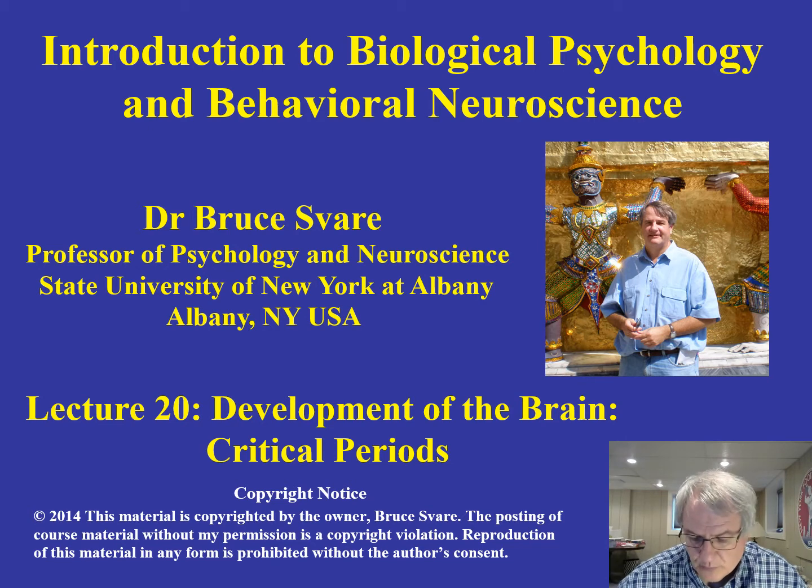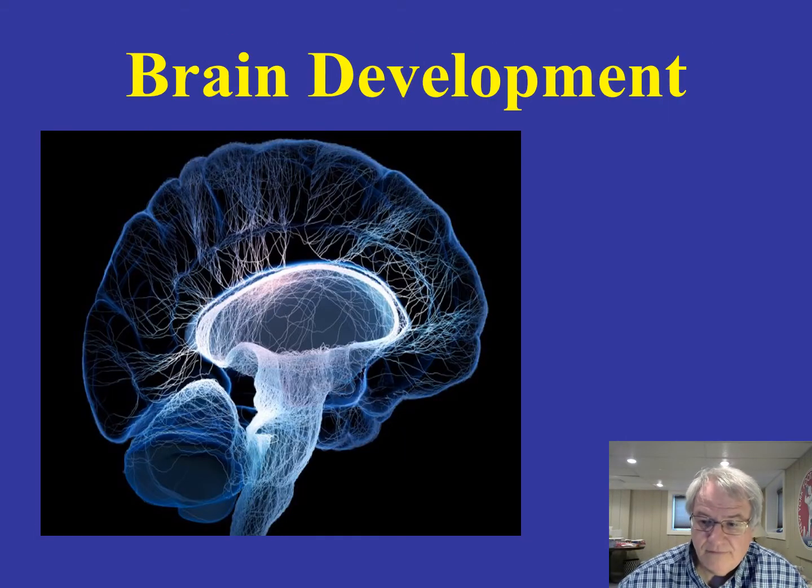So this is an important area of study in the field of behavioral neuroscience, and the reason why it has become so critically important is because it really helps us a great deal in terms of understanding different neurodevelopmental disorders. One of the topics that we'll be exploring will be autism, for example, which is a neurodevelopmental disorder.